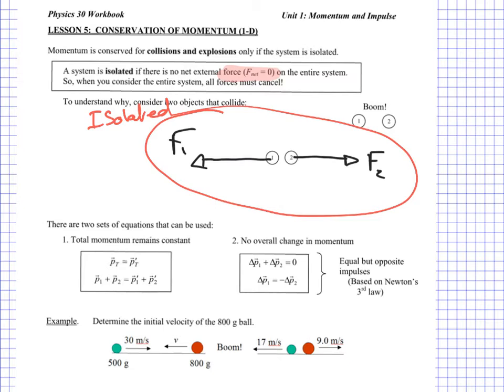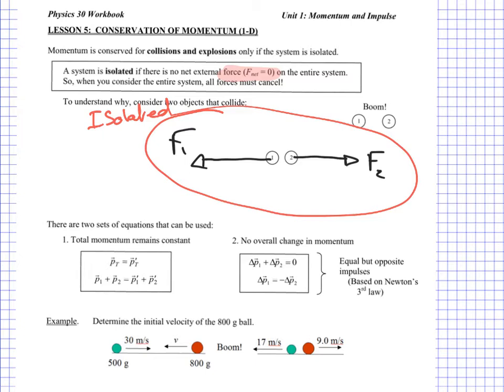There's no hand pushing it, so there's no force applied. And equally, there's no force leaving the system. We're going to go ahead and assume that there's no friction, so there's no force acting on the ground from friction. So there are no forces coming in or out, which means the system is isolated. And that's really important.